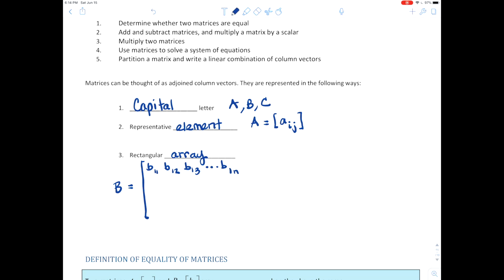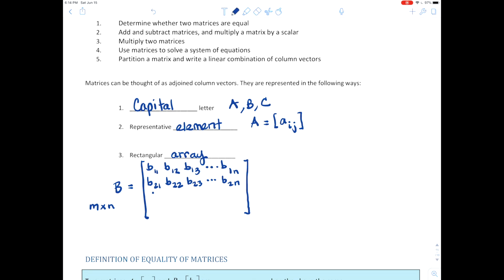This is for if B is of size m by n. And our next row would be what? Beautiful. First B21, and then we'd have B22, B23, all the way down to B2n.